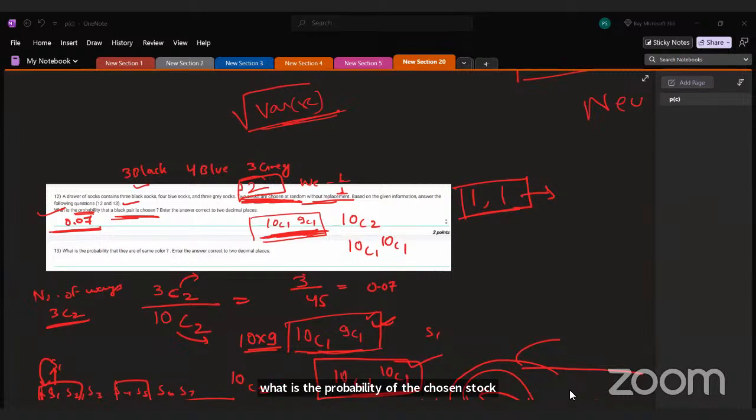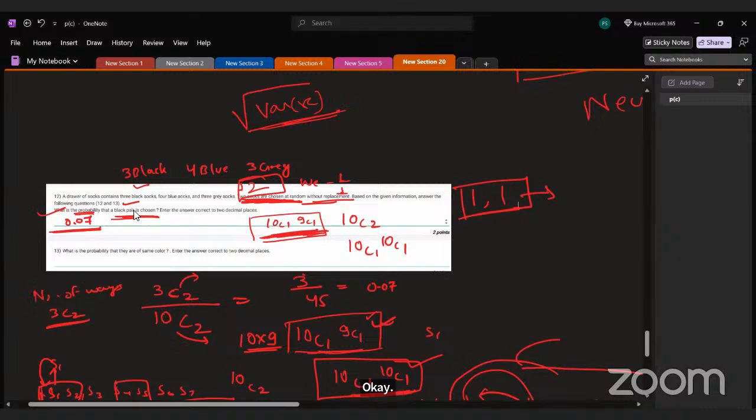Then if we want to find it, we have to choose any two socks, so I could choose blue or black socks. No, it's not a question of any quality; in the question it's given only a black pair of socks. No, I am talking about question number 13. Okay, we are still at question number 12. When we get to 13, we will do that.